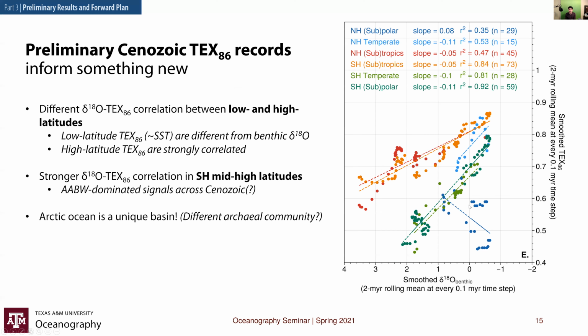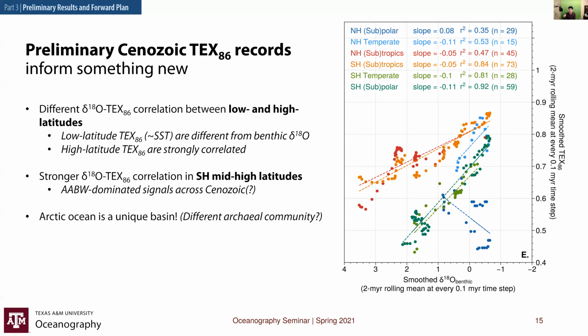And that's not out of our expectation as well, because for the TEX86 proxy, most of the time we exclude these Arctic sediments because of the more complexities, different archaeal communities, and a lot of questions about how TEX86 works in the Arctic that we still don't really understand.